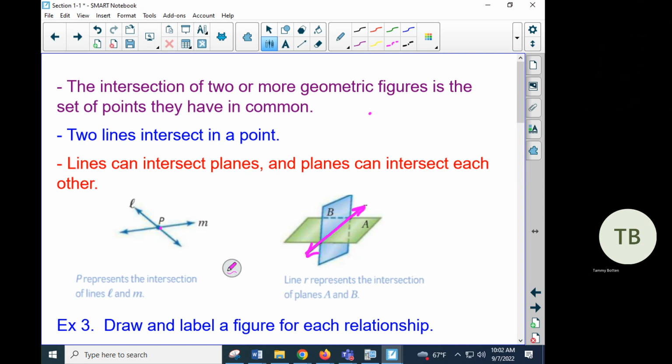Brad Bauer, maybe. And then if you think of the ceiling as going into Mr. Check's room, those 2 planes intersect in this line that goes straight across. So anytime you have 2 planes that intersect, it's going to intersect in a straight line.